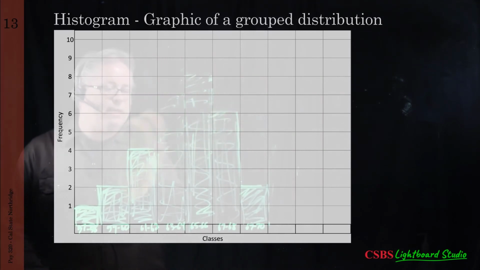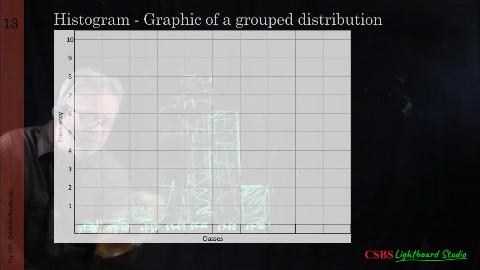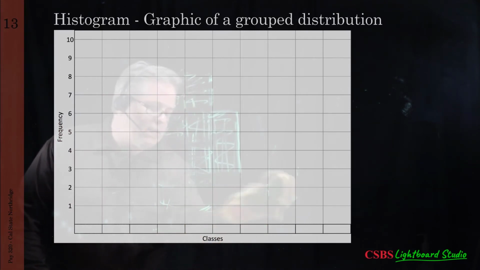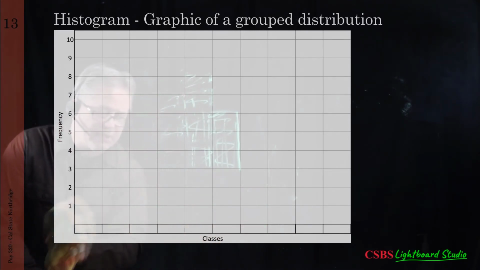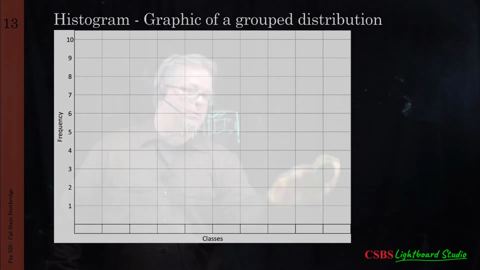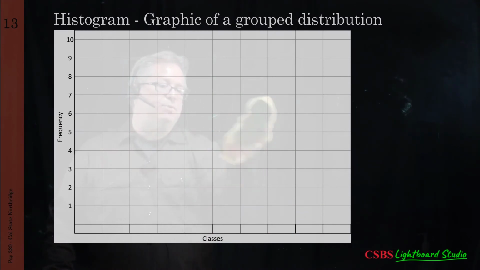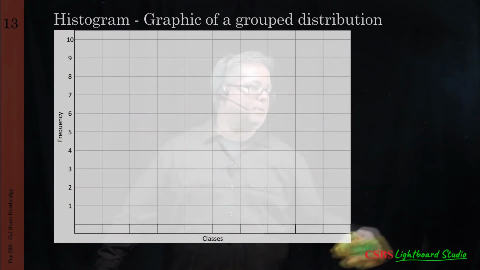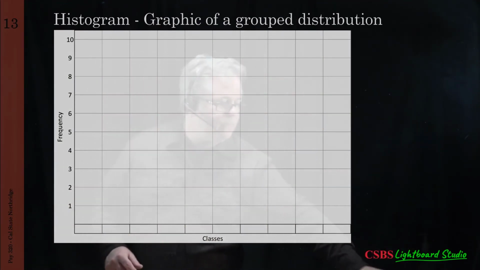The width of the bars actually are meaningful as well, because fatter bars represent wider classes of scores and skinnier bars represent narrower classes of scores. Right? Wider bars mean bigger classes. Smaller bars mean smaller or narrower classes. All right, that's what's being said here.